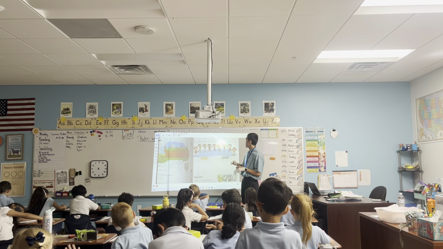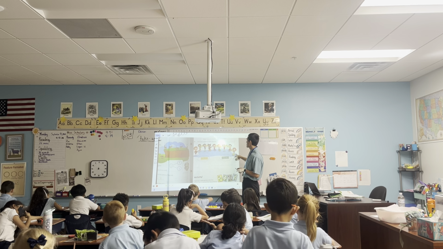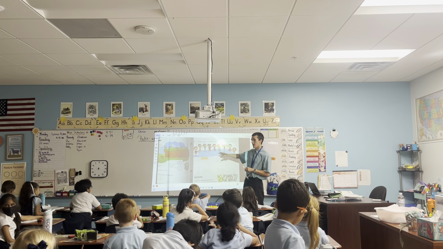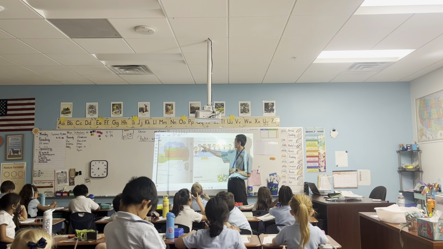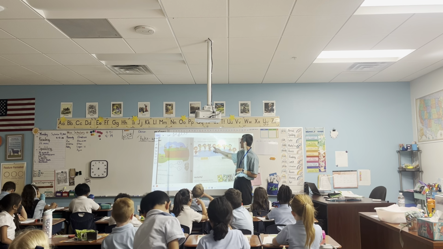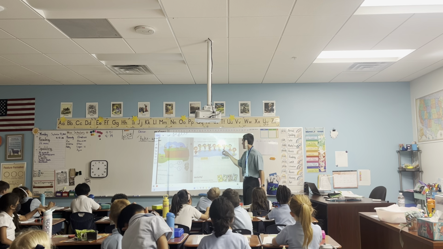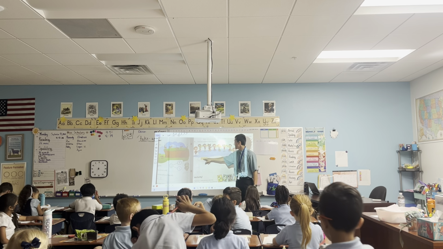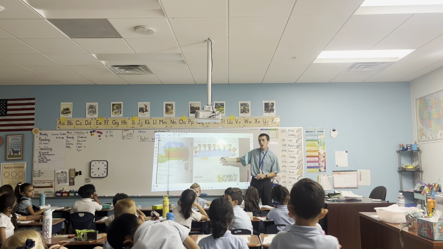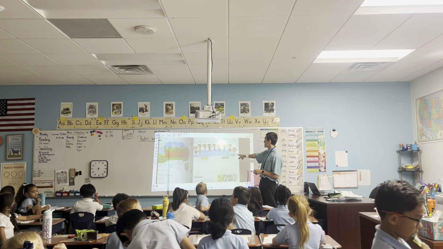Okay, let's see. How many students in music class do we have all together? Let's count. 1, 2, 3, 4, 5, 6, 7, 8, 9. So we've got 9 in total. That's why we have our 2 nines.